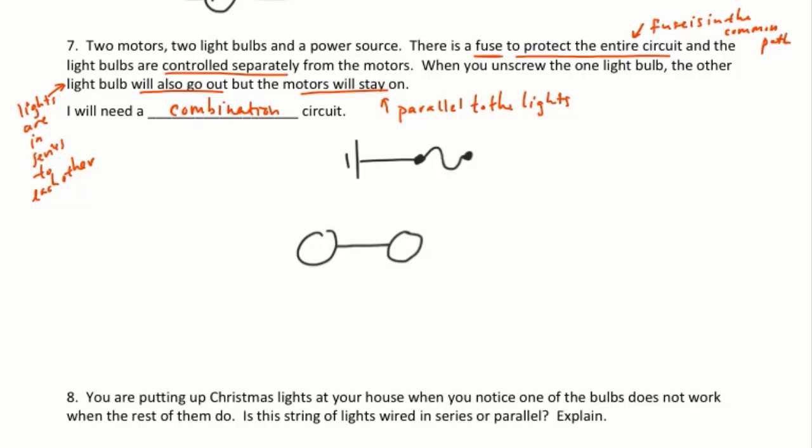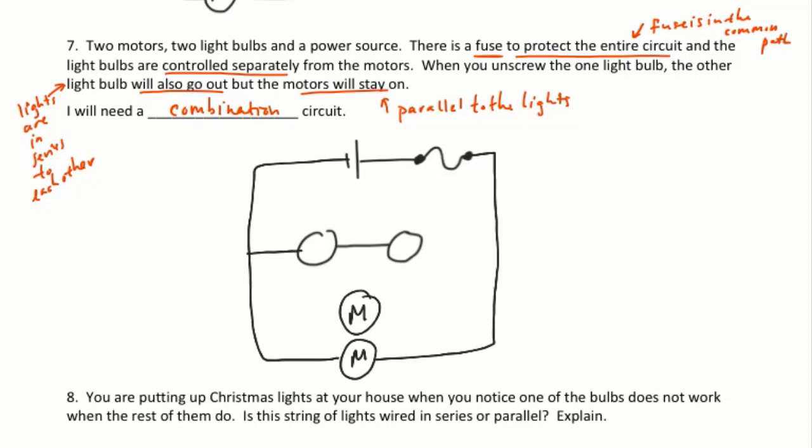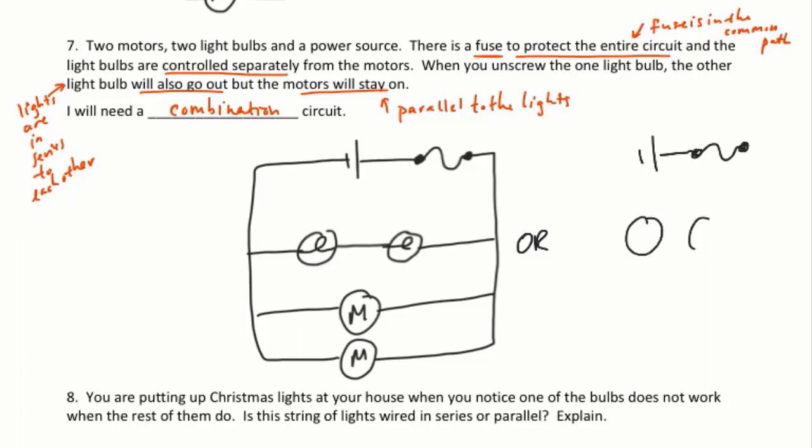So again, the motors can do the same thing that we did in the question before. The motors could be on separate paths, or we could have, make sure we put our fuse back in, up, down, up. We could have the two lights in series, and then the two motors could also be in series to each other.